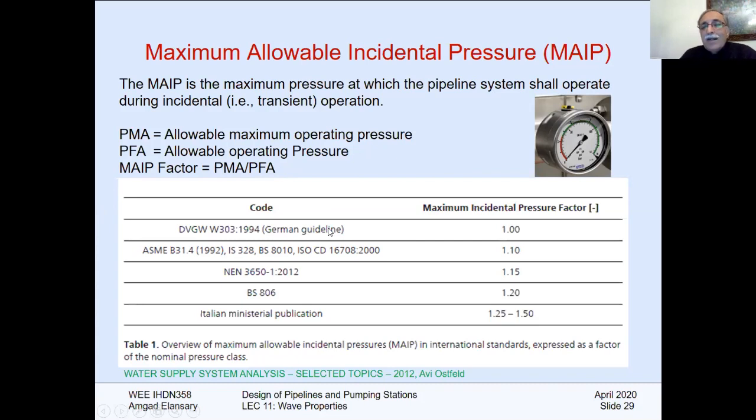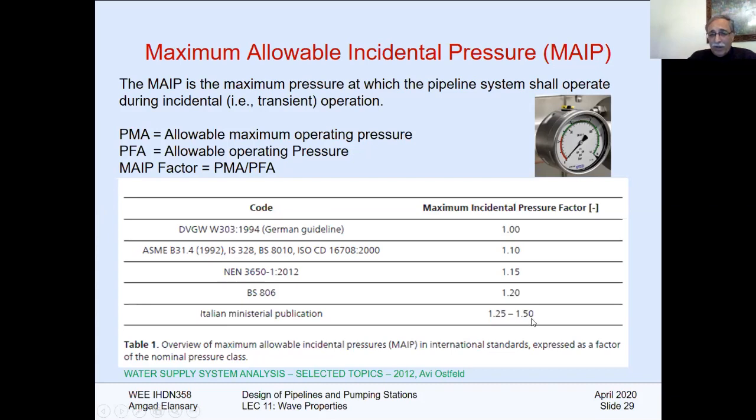So you cannot exceed the allowable operating pressure. As I said, if I buy a pipeline which has an allowable operating pressure of 8 bar or 10 bar, you cannot exceed 10 bar. If you are using the ASME code B31.4, a 10% increase is allowed. The European standard is 15%, the British standard is 20%, and the Italian standard is 1.25 to 1.5.